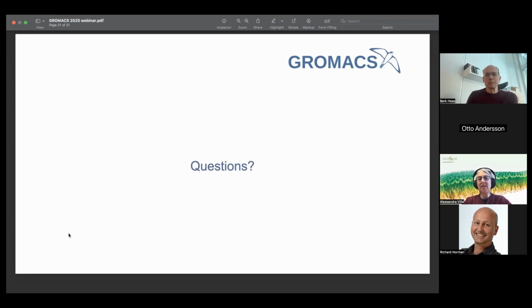Another question, also connected to the neural network potential: would the neural network potential be appropriate for modeling chemical reactions? Marcos is thinking about enzymatic catalysis, for example. Yes, enzymatic catalysis is exactly a very suitable application field for neural network potentials. It depends, of course, where you get your data from.